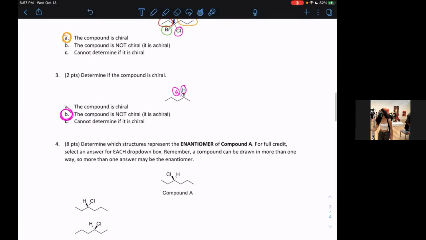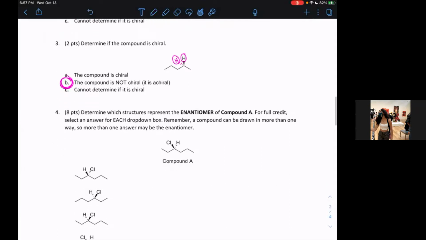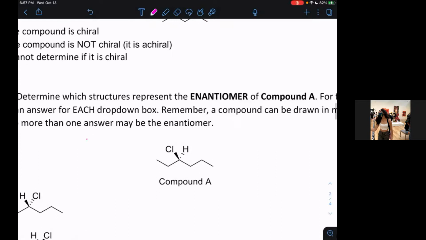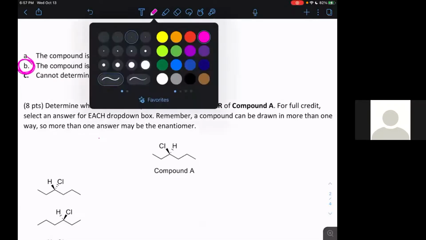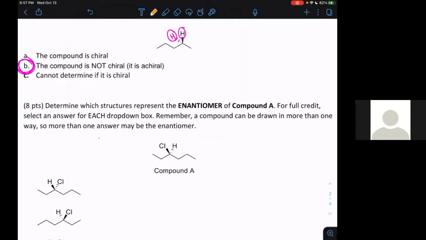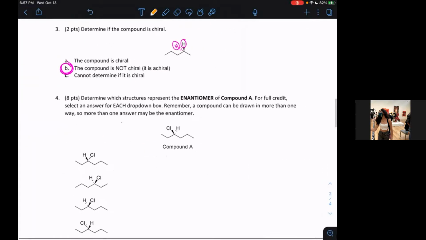Alright. Okay. Determine which structures represent the enantiomer. For this one, I feel like I wouldn't want to do any kind of rearranging or flipping it. I think that's just how she showed us to draw it. So you could either switch the bond types or switch the atoms or do the mirror image. Yeah, I guess, but this one also she kind of made it more clear, like probably not to do that. Yeah.